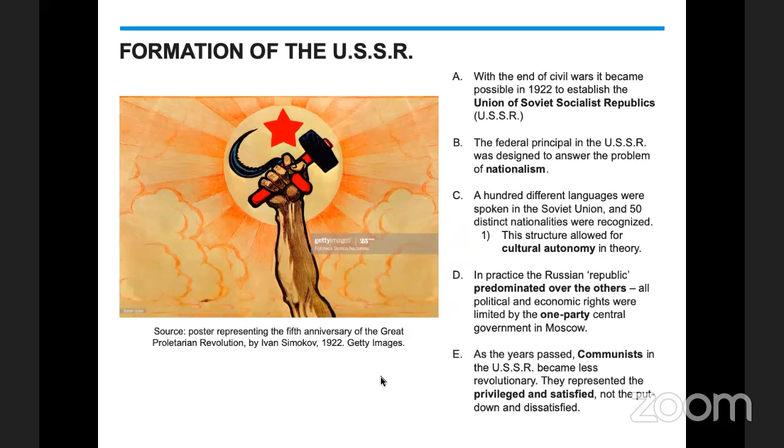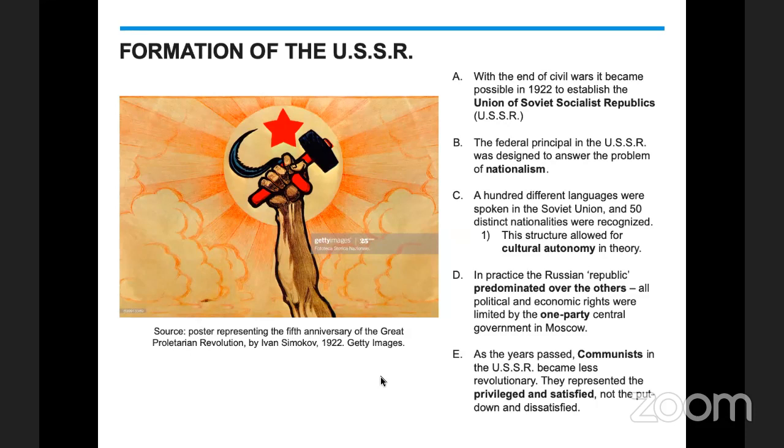With the end of these civil wars with Lenin and the Bolsheviks, or communists, now in power, by 1922, they want to establish the Union of Soviet Socialist Republics, U.S.S.R. And there's a federalism principle in the U.S.S.R., in the government itself. So Russia is enormous, as we've talked about.